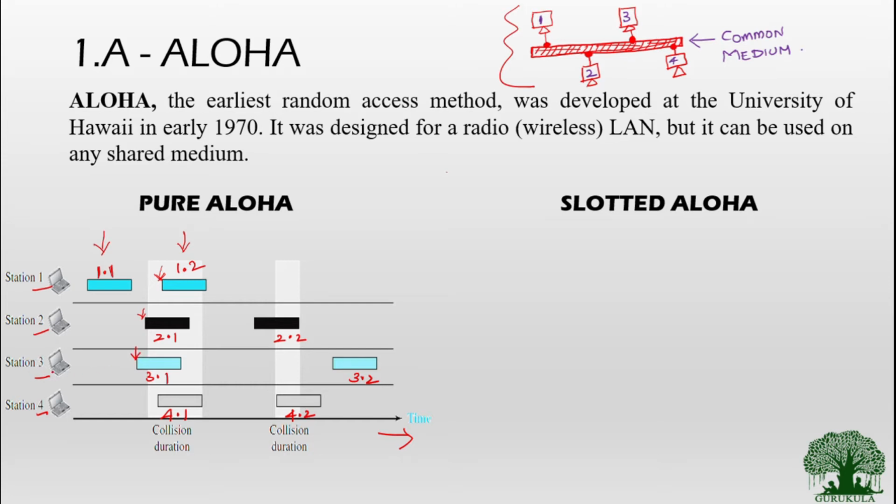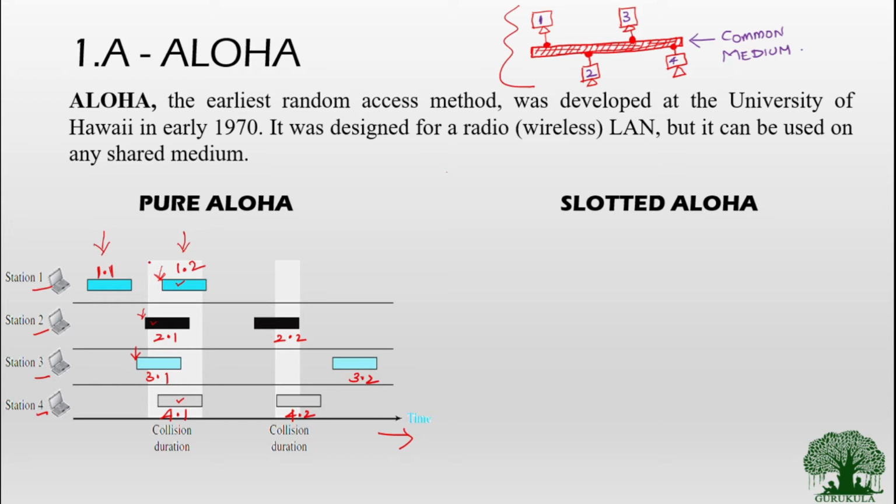When station 3 places a frame on the medium, there are no other frames placed by any other station sharing the common medium. But when it started transmitting the frame, station 2 also started transmitting, and after a while station 1 also started transmitting and station 4 also started transmitting at the same time.